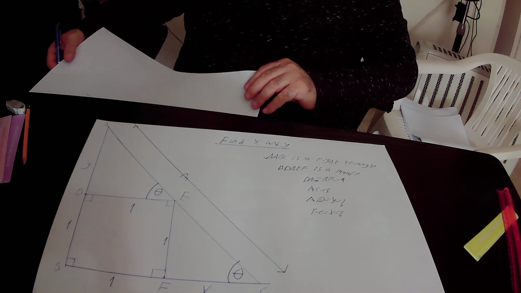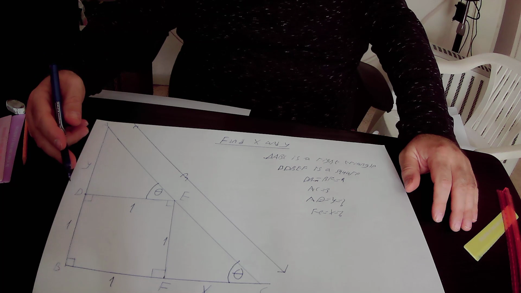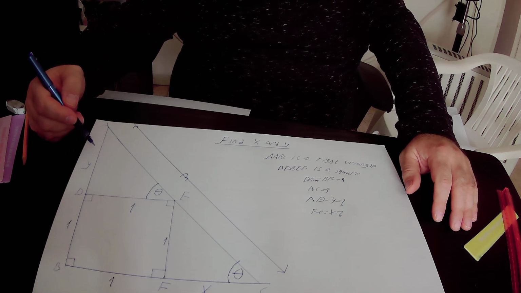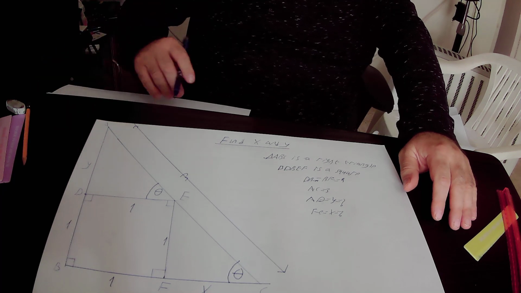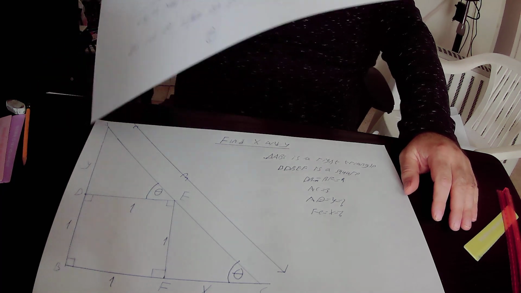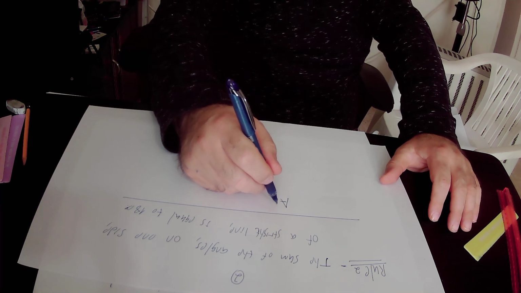In our drawing, we know that AB is one side of the right triangle ABC, therefore AB is absolutely a straight line. So I write down that AB is a straight line.